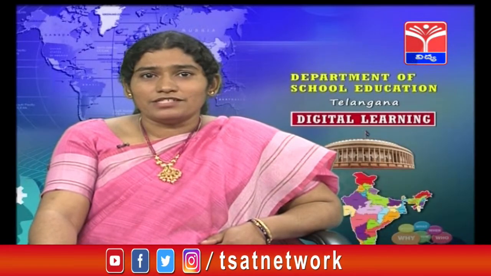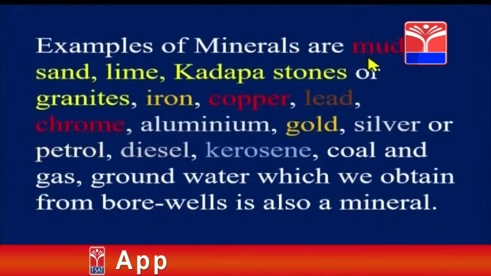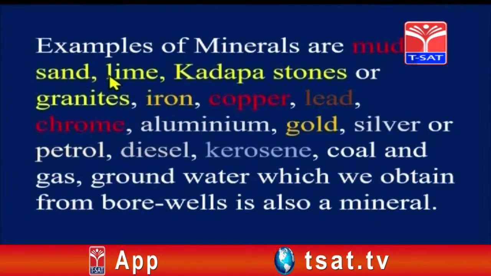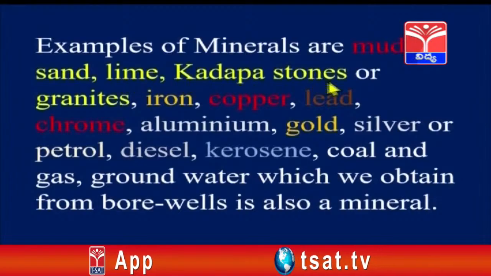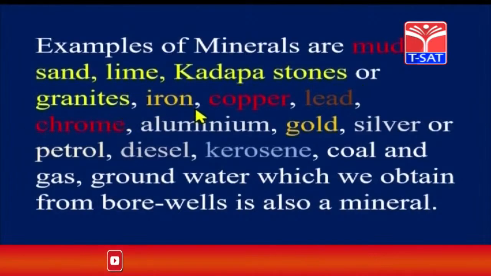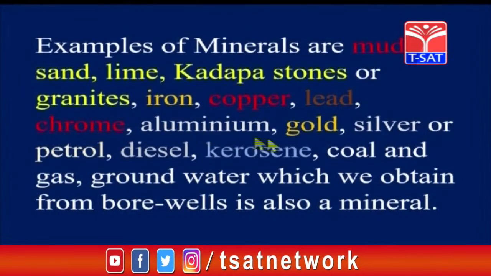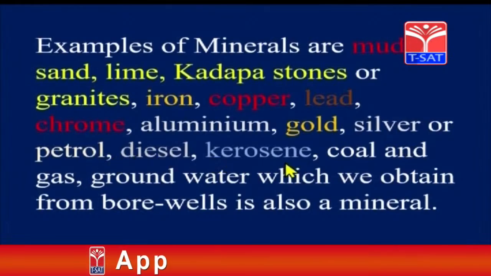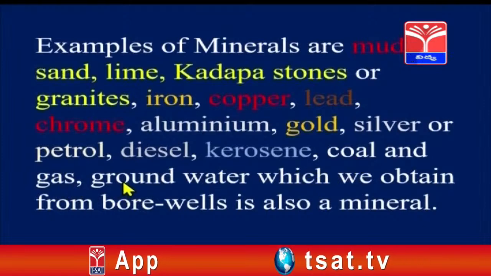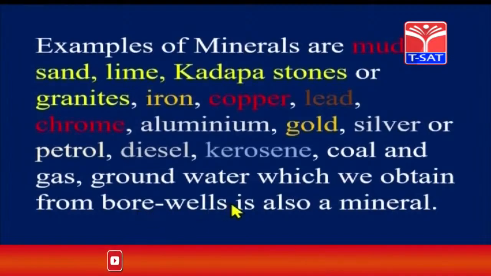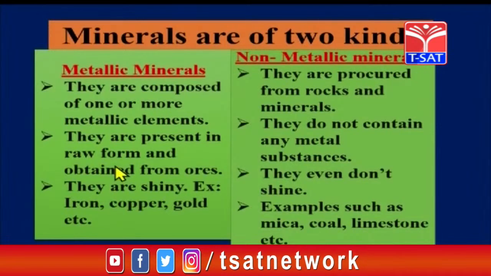Examples of minerals, as we have discussed before, are mud, sand, limestone, Kadapa stone or granite, iron, copper, lead, chrome, aluminium, gold, silver, petrol, diesel, kerosene, coal, gas, and groundwater, which we obtain from bore wells, is also a mineral itself.